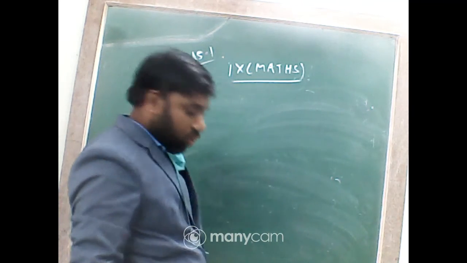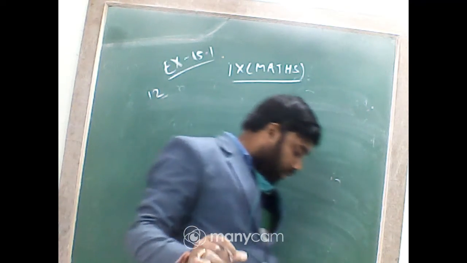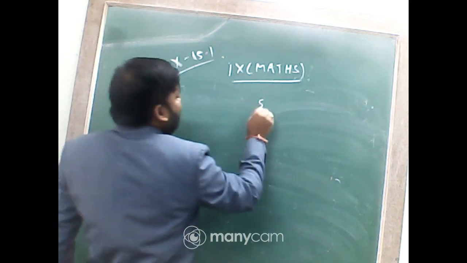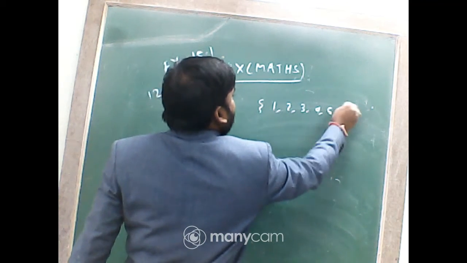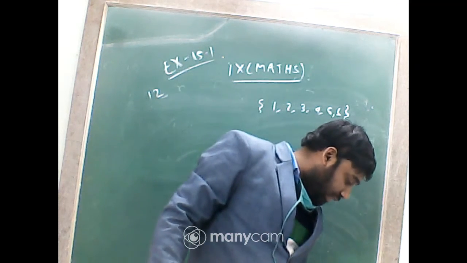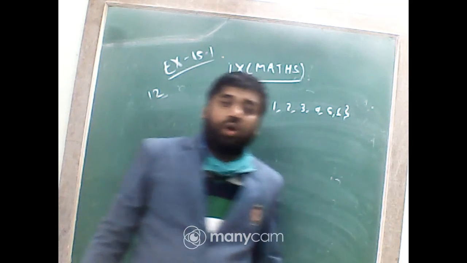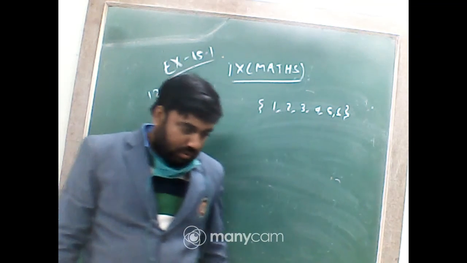In a single throw of dice, listen carefully. In a single throw of dice, what will we get? We will get 1, 2, 3, 4, 5, 6, six results. Now find the probability of getting an odd number. Find the probability of getting an odd number quickly.